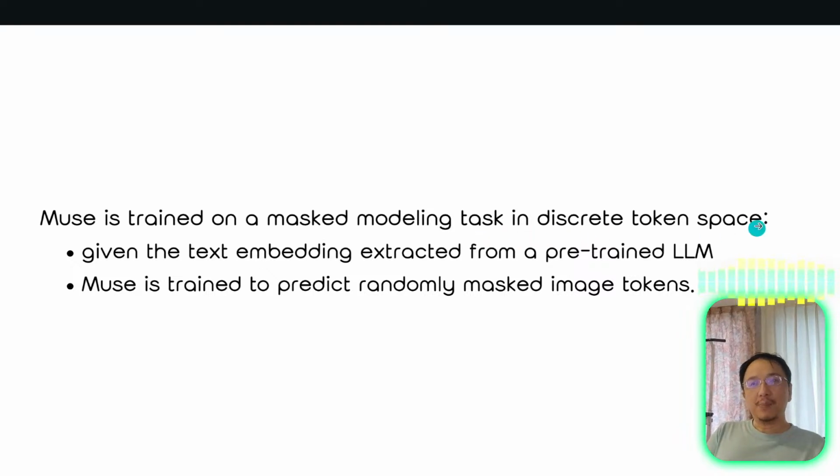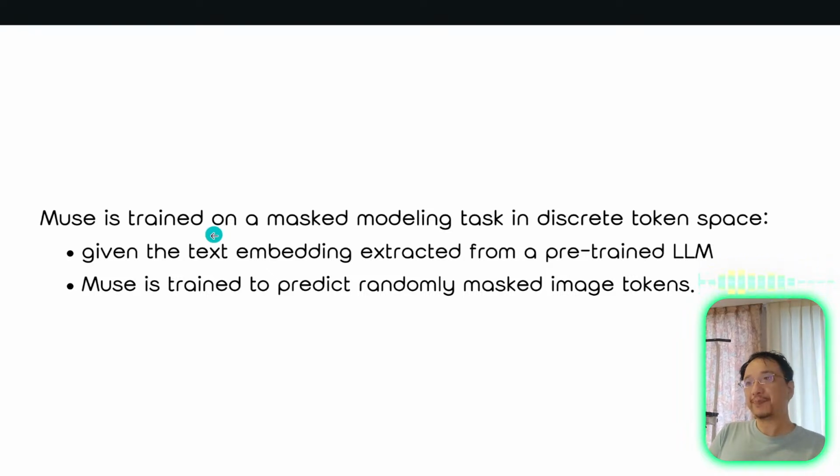And for the second part, the discrete token space, it is more like the VQ VAE or VQ GAN that we were talking about. So this model, in my opinion, is more similar to the VQ GAN model.